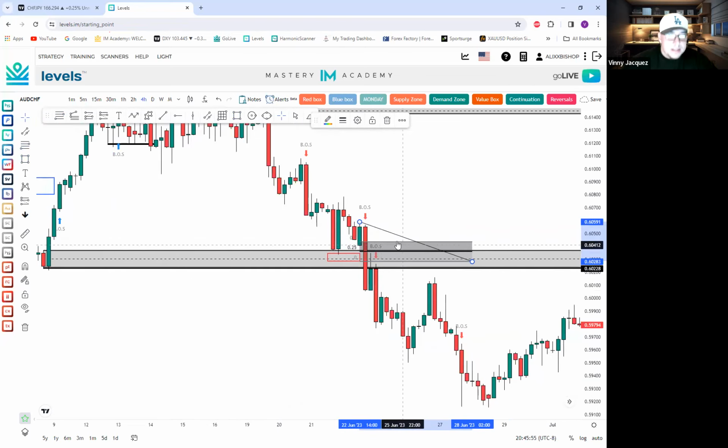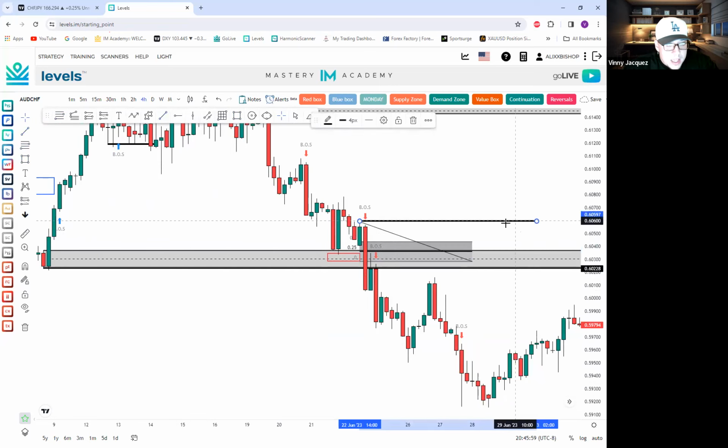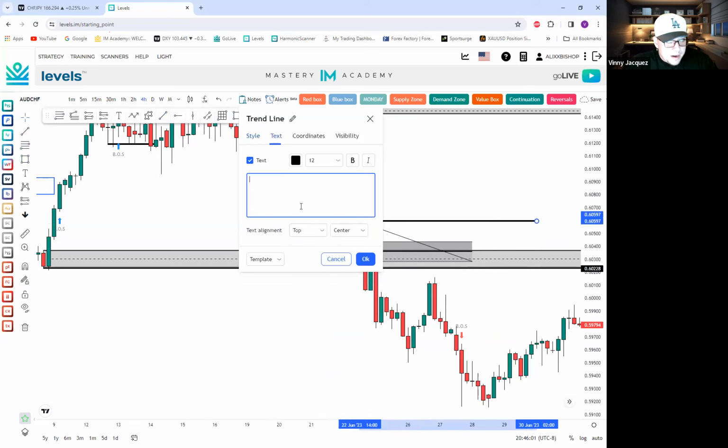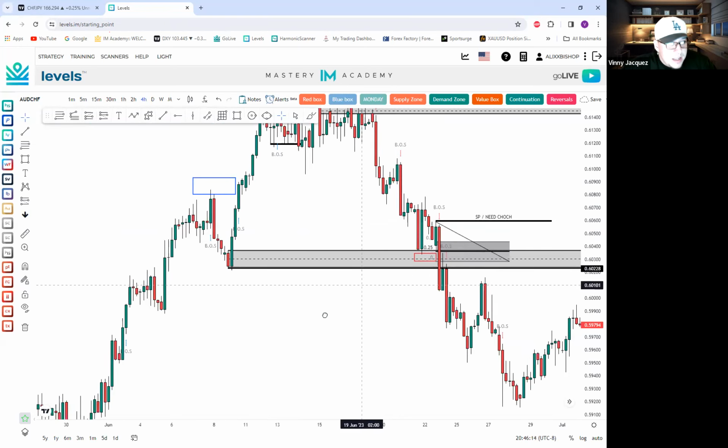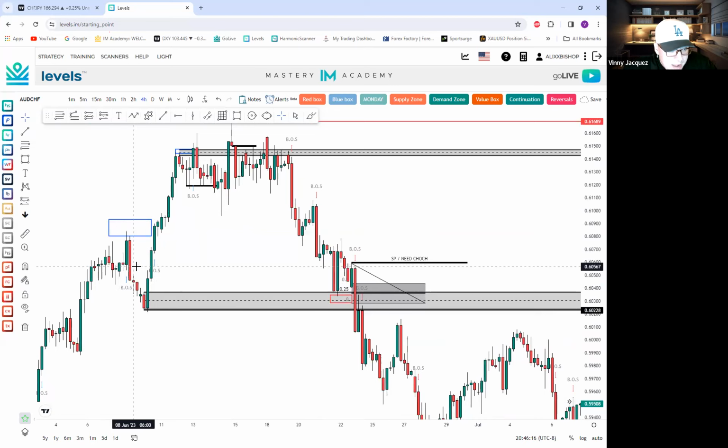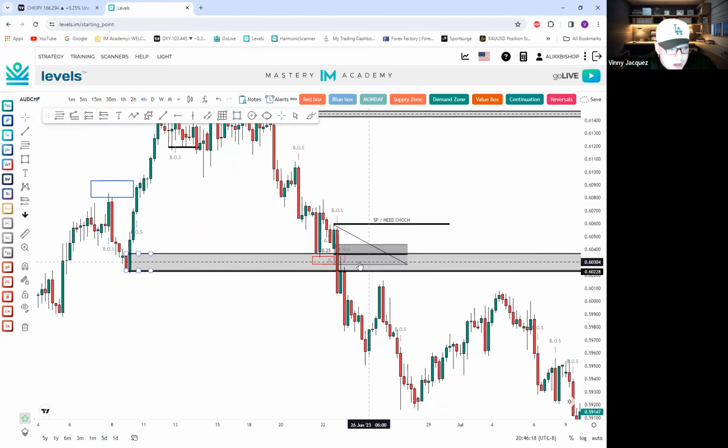All right, does that make sense, guys? And again, there should be a starting point right here letting me know, hey, starting point, need change of character. So if we get a red box letting us know we got a BOS at the downside, and then our buying starting point got violated, shoot, double confirmation.